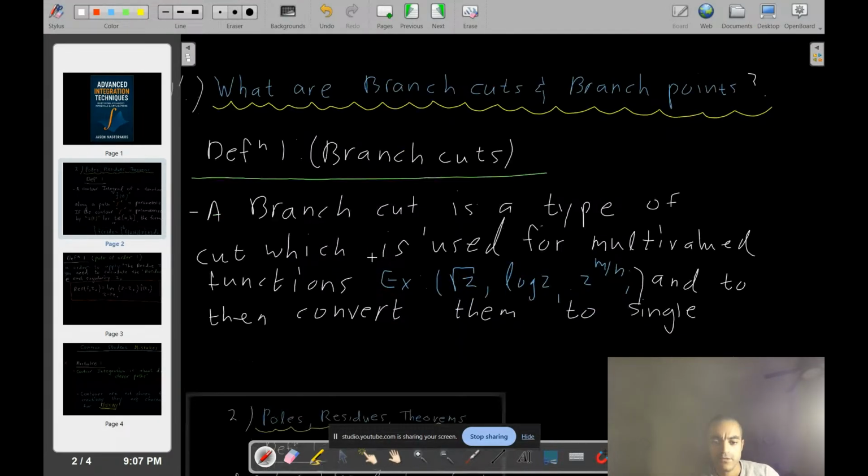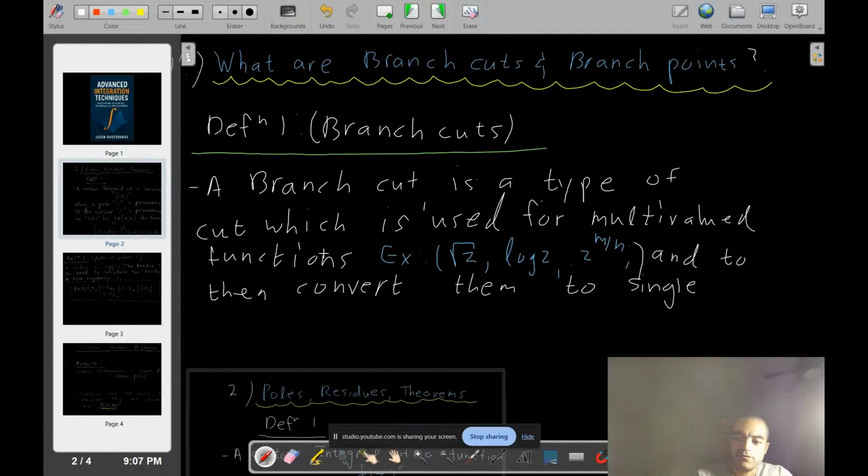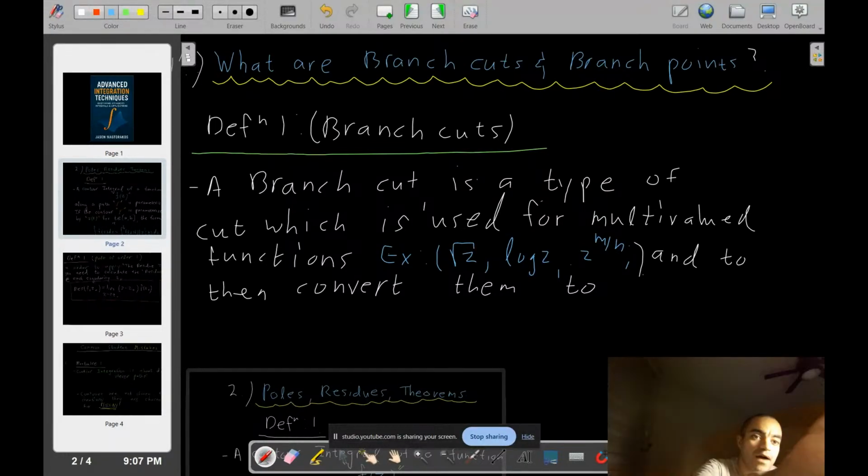That's what a branch cut is. I should probably put this in a different color to emphasize what I mean here. It's to get single-valued functions.